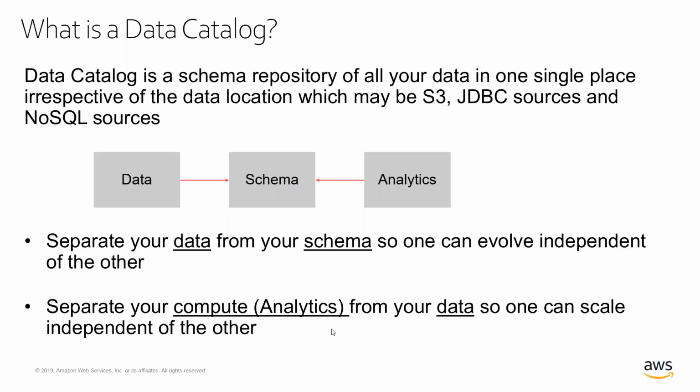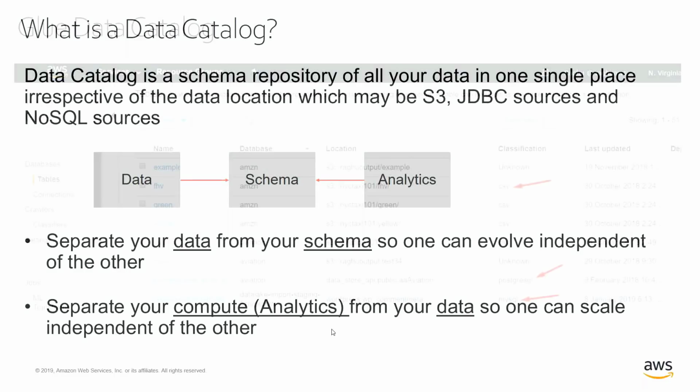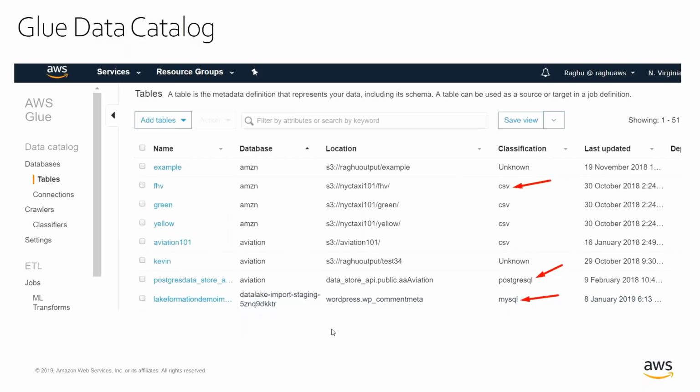So a centralized data catalog, which is the schema repository, enables all these different advantages that you will get by creating a data catalog. So, like I said, we're going to look at a typical data catalog in AWS.